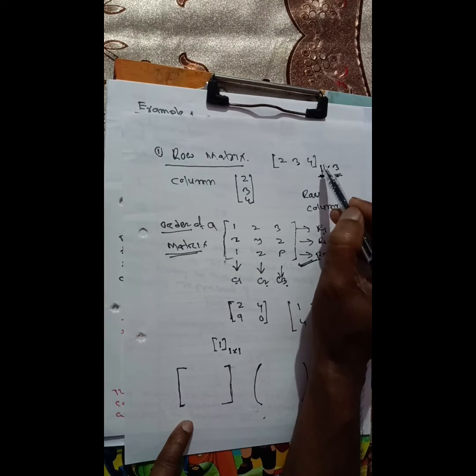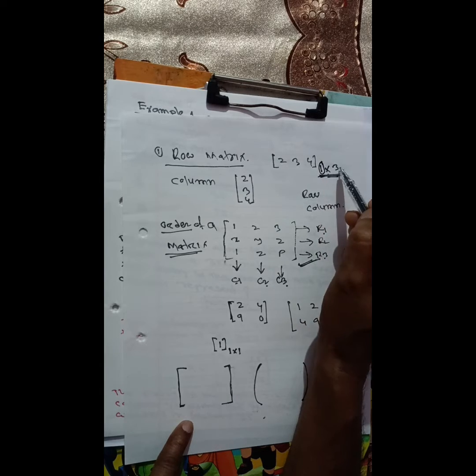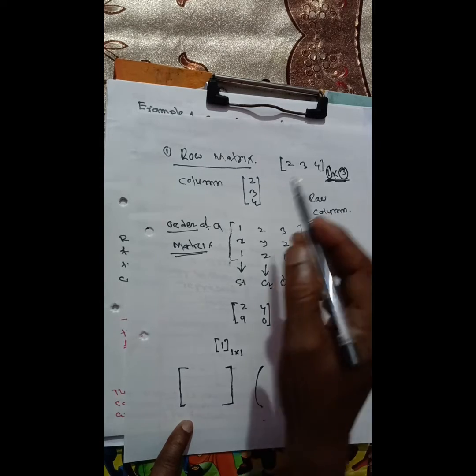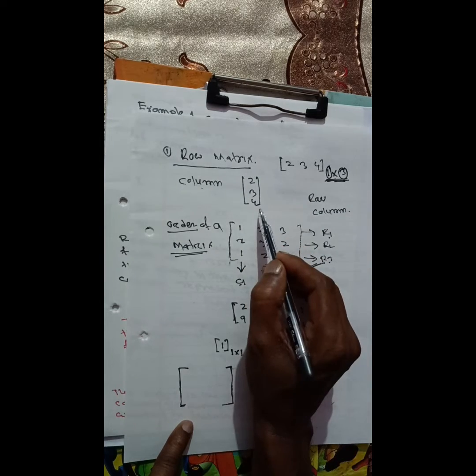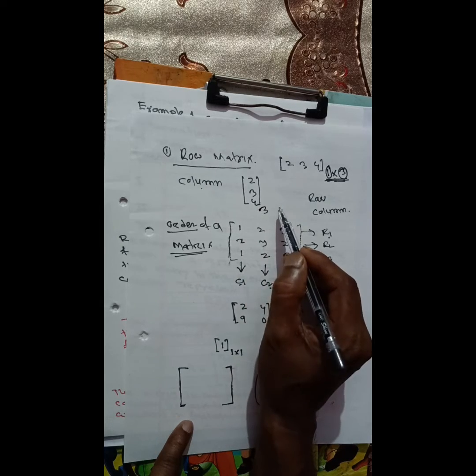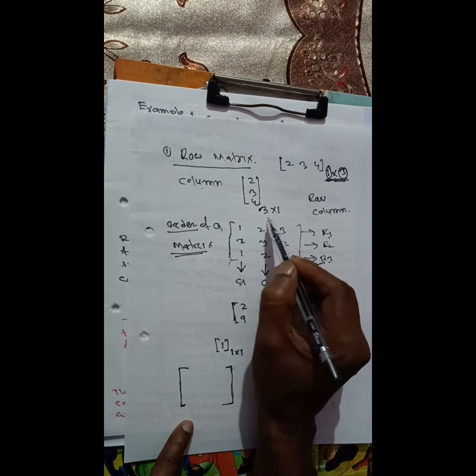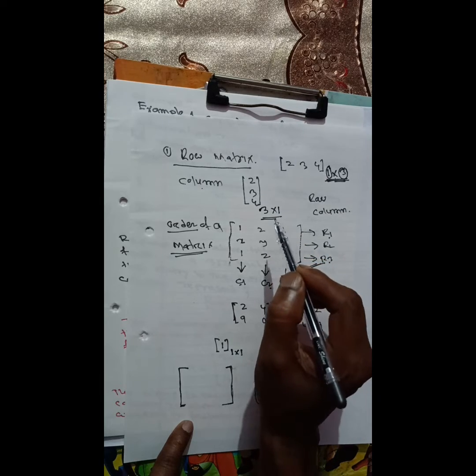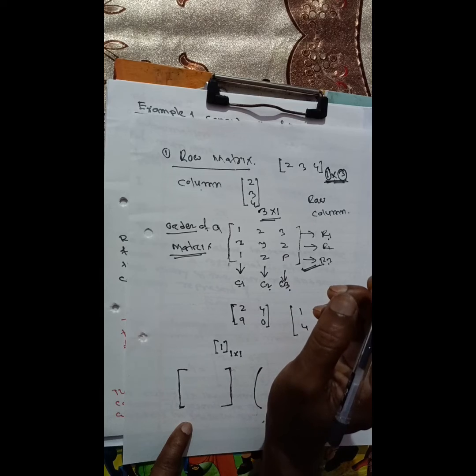That means the first number denotes the number of rows and the second number denotes the number of columns. Similarly, the column matrix: what is the order of this matrix? The number of rows is 3 and the number of columns is 1. Therefore, it is a 3 by 1 matrix.